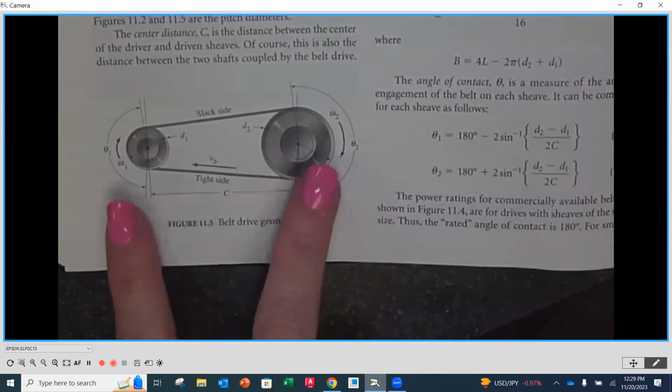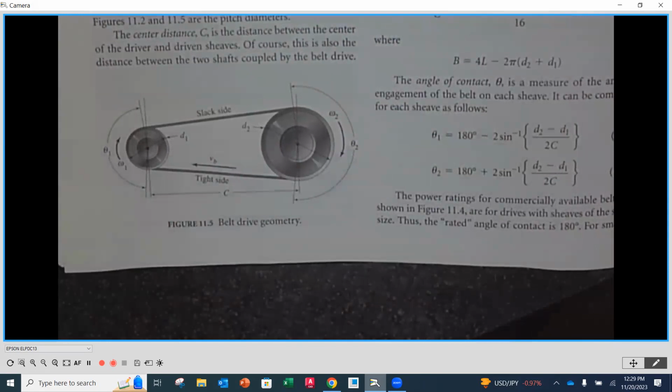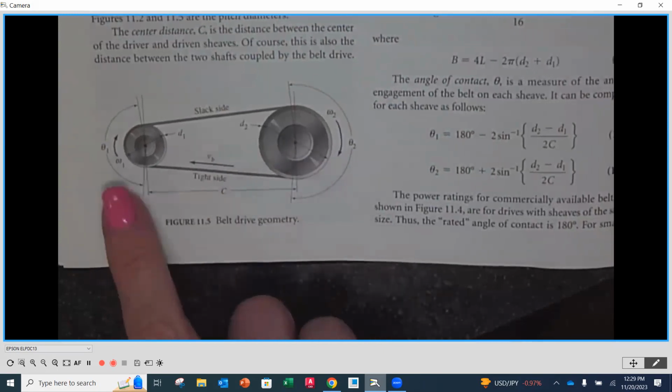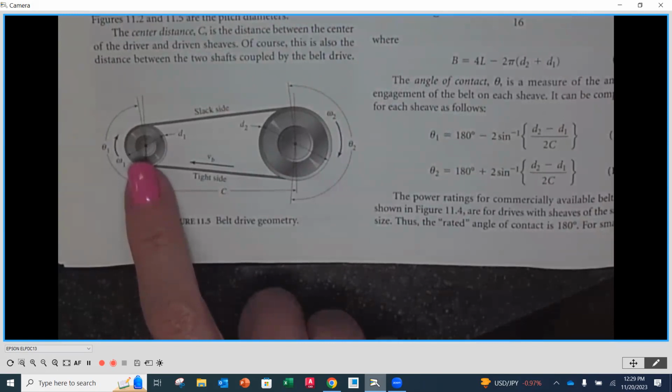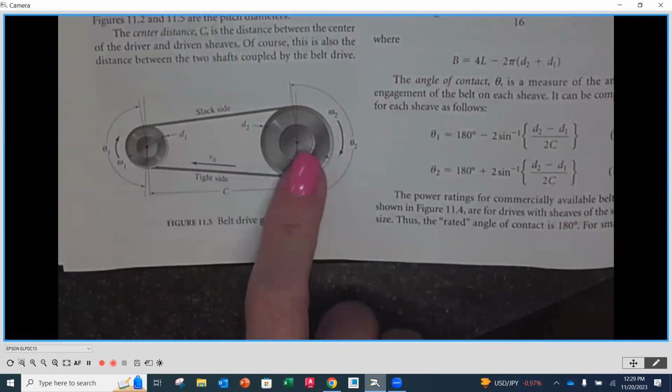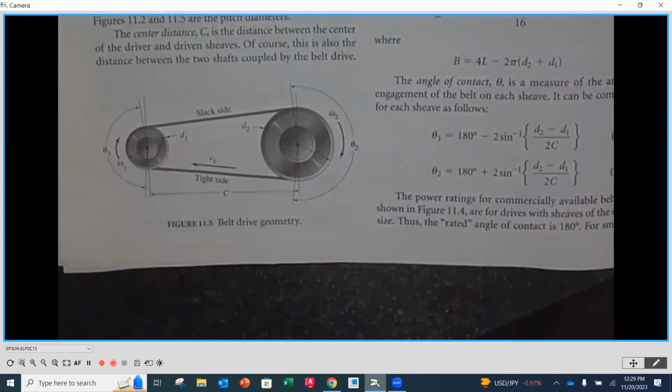So right now, between these two, this would be considered a velocity ratio. They're not touching each other like gears did. They're just further apart, but based on their diameters, the pitch diameter of the driver and the pitch diameter of the driven, we can compare those two sizes and come up with the very same velocity ratio equation that we were using for gears before.